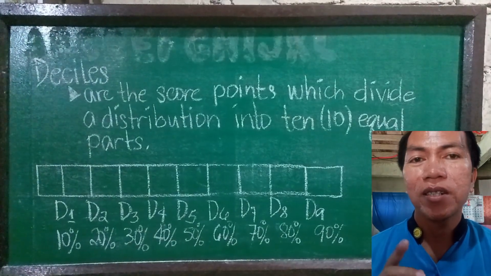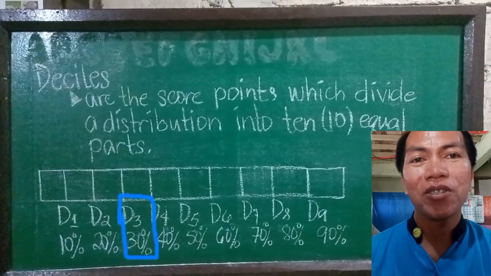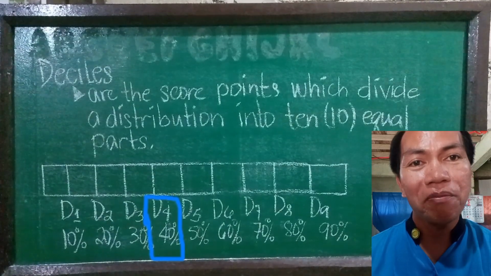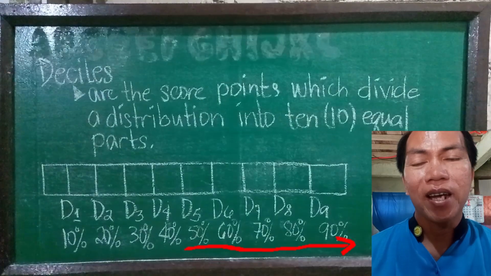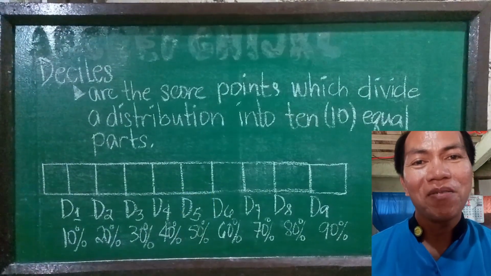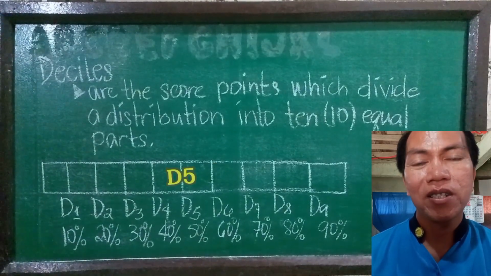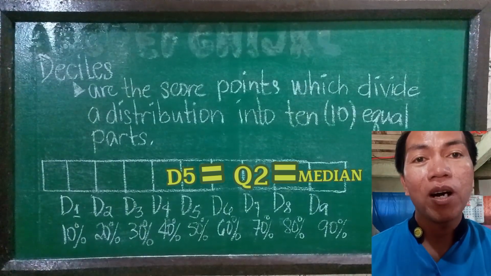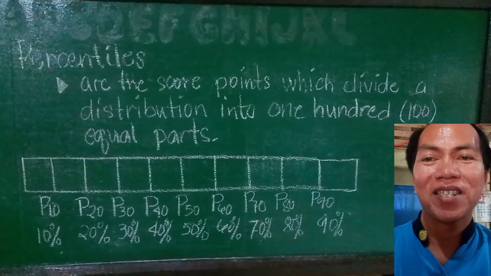And we have decile 2 equivalent to 20%, decile 3 equivalent to 30%, decile 4 equivalent to 40%, and up to 100%. Now, take a look at decile 5. Decile 5 is equivalent to 50%. That means decile 5 is the same as the second quartile or Q sub 2 and the median of the measures of central tendency.